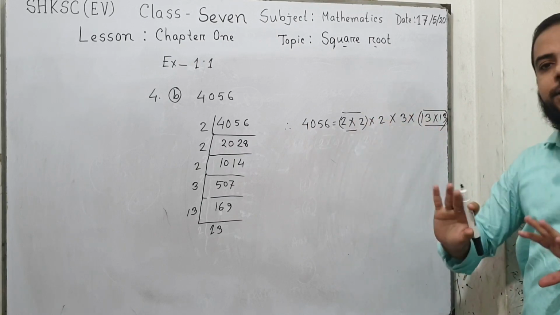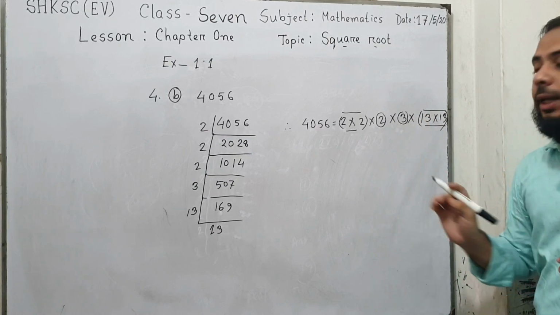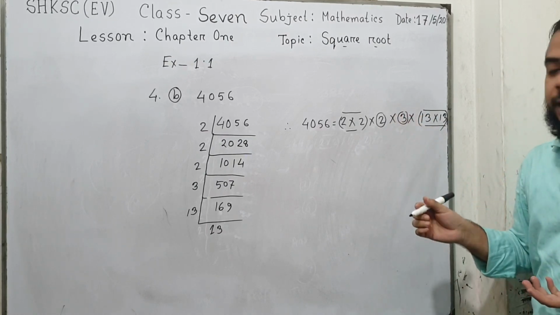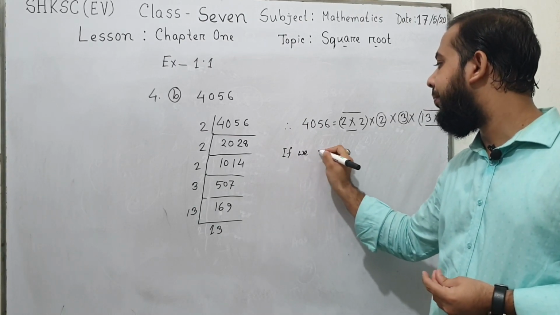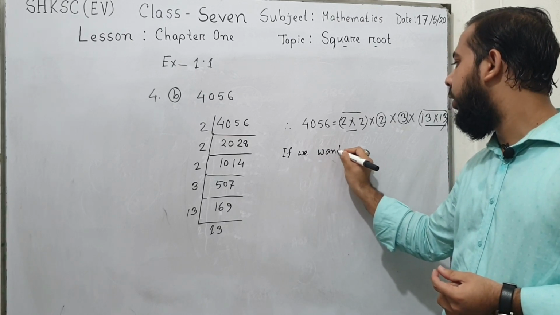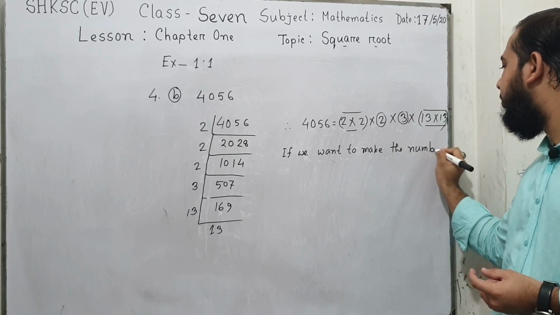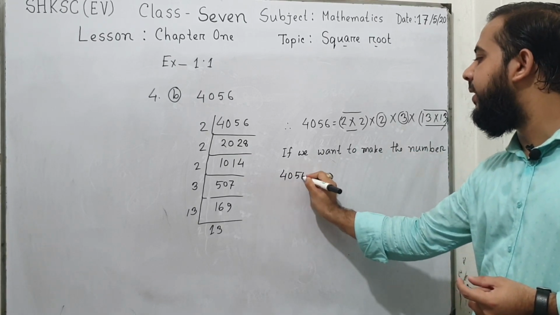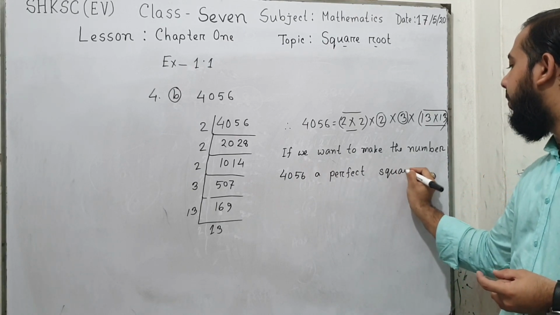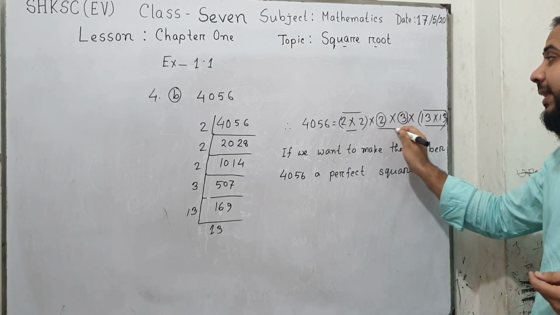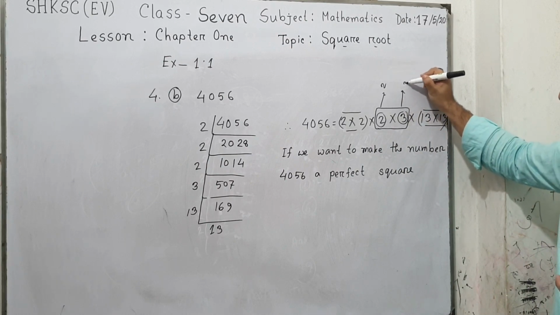So these 2 are square numbers, no problem with that. But here 2 and 3 are not in pair with the same number. So if we want to make the number 4056 a perfect square, look, in the previous problem we multiplied these 2 pairs with these 2 and another 3.